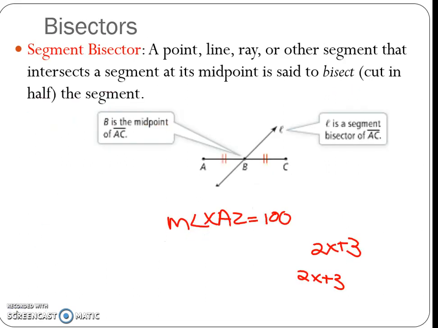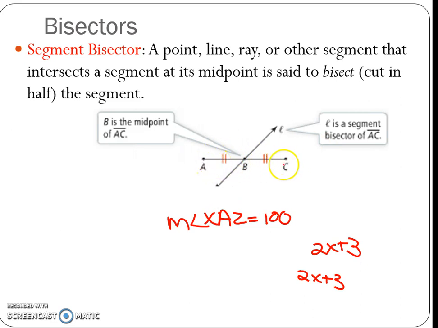Next thing we're going to talk about is called bisectors. A segment bisector is a point, line, ray, or other segment that intersects a segment at its midpoint, and is said to bisect, or cut in half. So bisect means cut in half the segment. Here you have a segment AC, and this is a line, L for line, and it is a segment bisector of AC because you see these two marks, that means they're congruent.